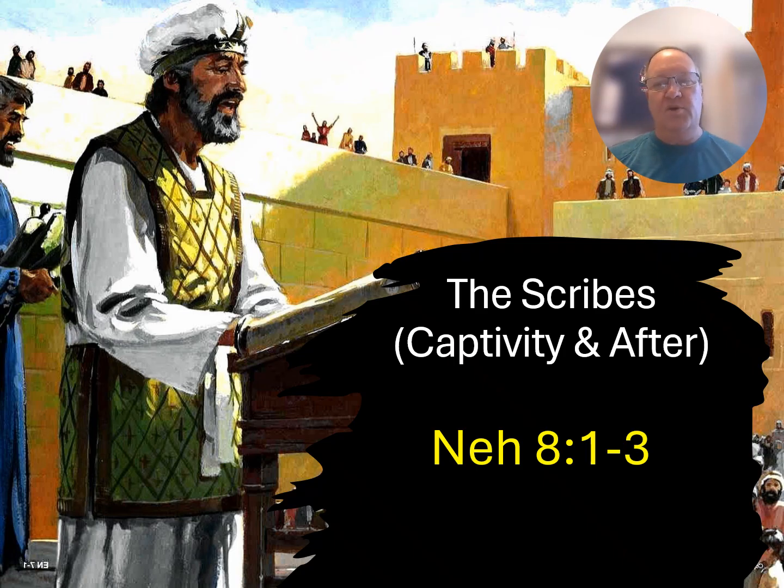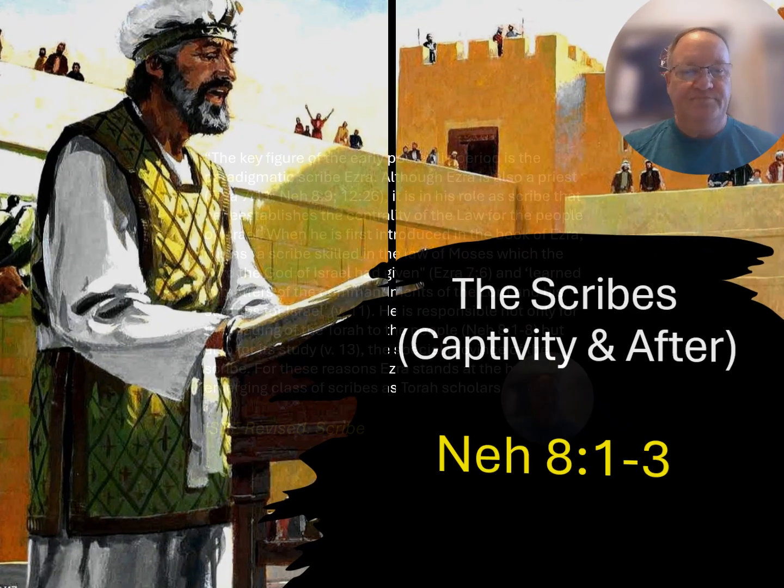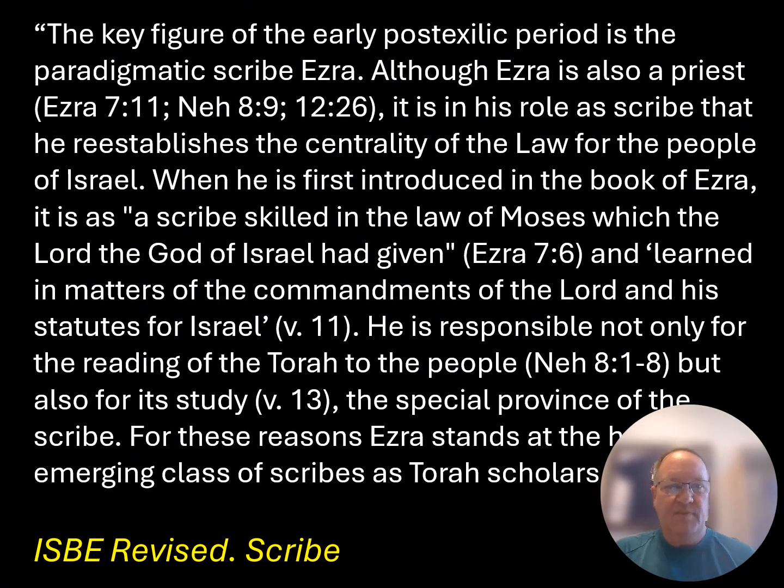Now again, turning to the ISBE to read about Ezra, we read, "The key figure of the early post-exilic period is the paradigmatic scribe Ezra. Although Ezra is also a priest, it is in his role as a scribe that he reestablishes the centrality of the law for the people of Israel.